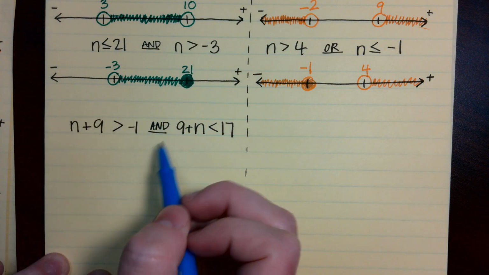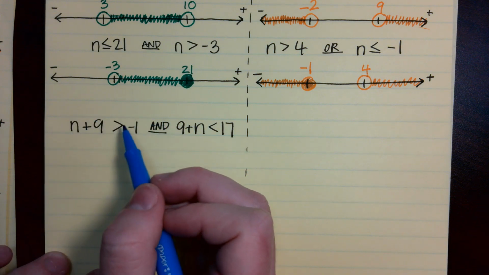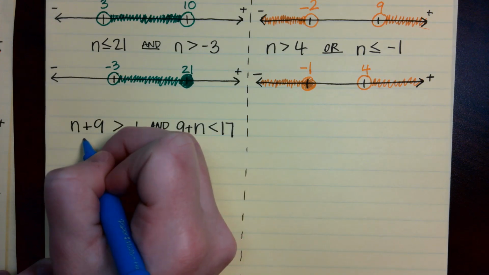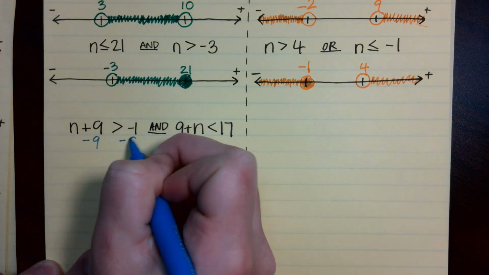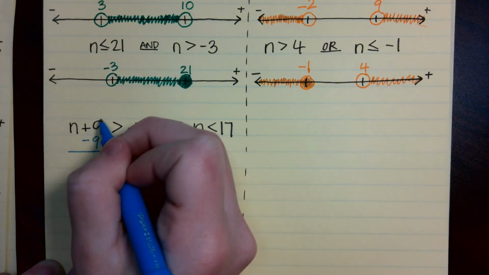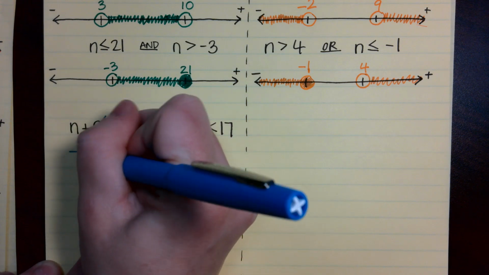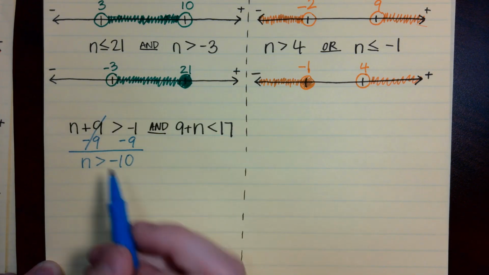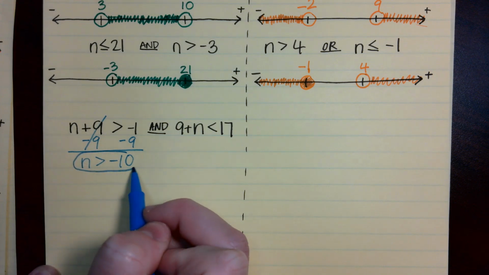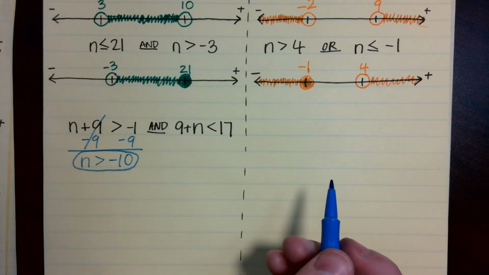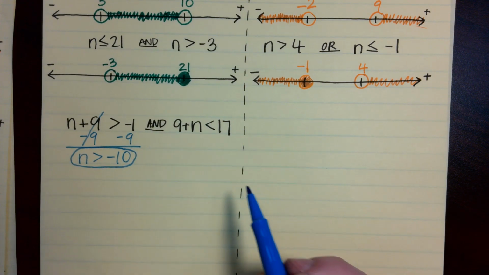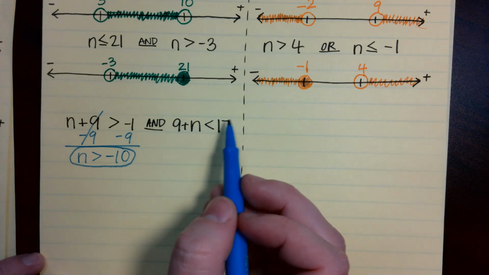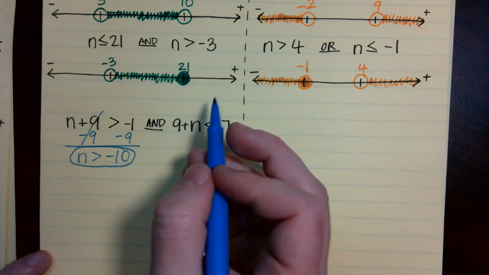So for our first inequality, n plus 9 is greater than -1. What do I do? Subtract 9. And that's going to leave me with n is greater than -10. Everybody okay with that answer? Awesome. And then we're going to do the same thing on the other one. I've got 9 plus n is less than 17. So we need to get rid of that 9.